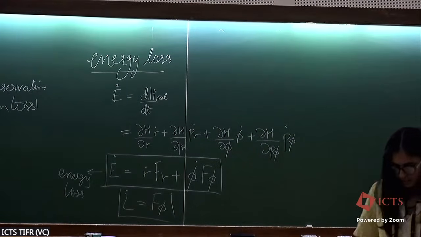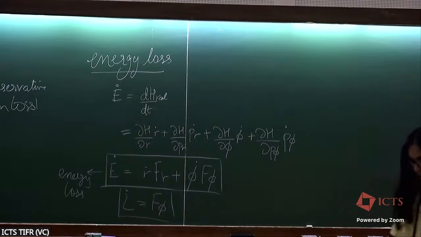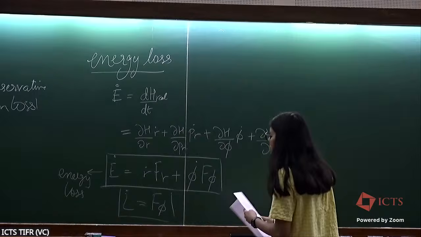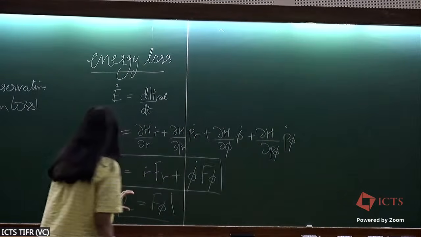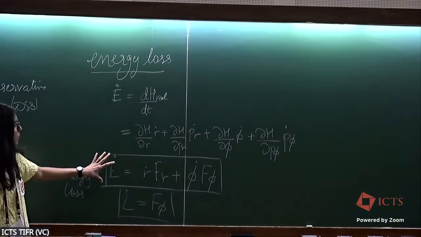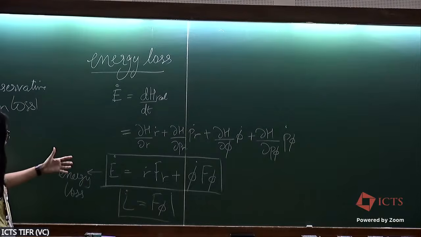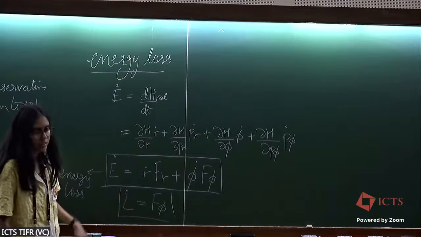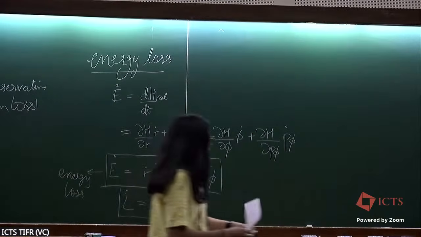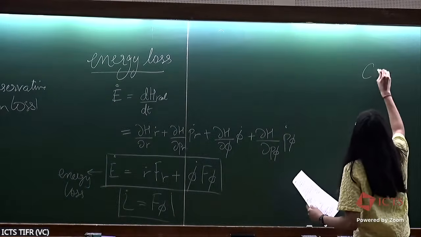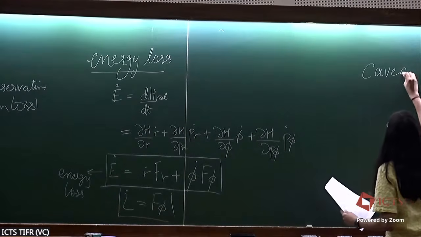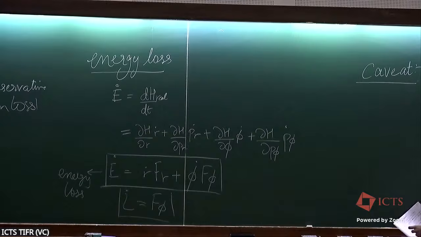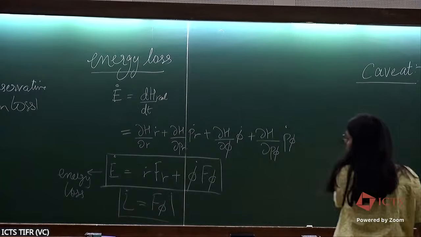But there is a caveat here. We cannot directly equate the energy loss that we compute in the PN formalism with the system losses that we just computed here. And why can't we do it?